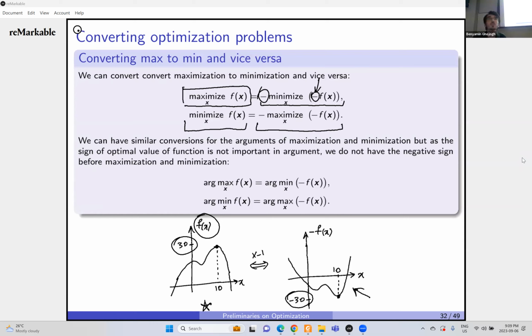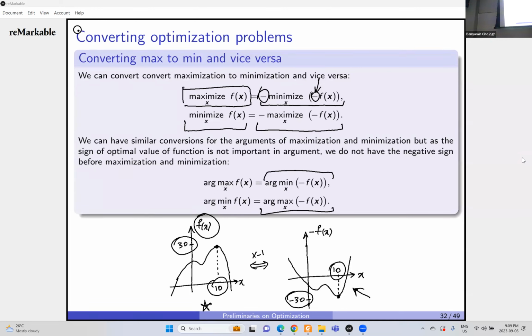However, what if I don't care about the optimum function value? I care about the argument. If you care about the argument, you don't need that minus anymore. The function value is not important. Both of these have the same argument of the optimum.